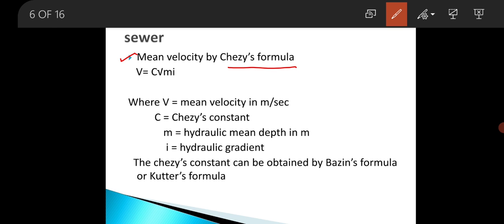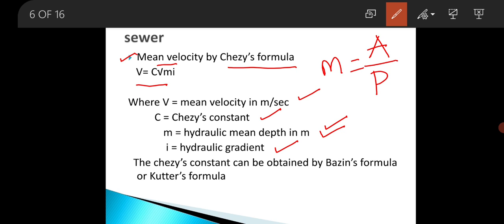As per Chezy's formula, V equals C into root over of M I. Here V is the mean velocity in meter per second, C is Chezy's constant, M is the hydraulic mean depth in meter, and I is the hydraulic gradient or longitudinal slope. This hydraulic mean depth can be found by dividing the area of the sewer by the wetted perimeter.